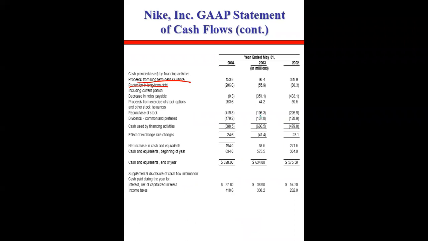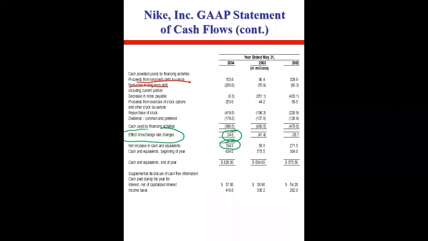You probably can recall the changes in foreign exchange, okay? Effect of exchange rate changes. So out of the total 194 million, 24.6 is coming from effect of exchange rate changes. So we need to separate the effect of the changes in exchange rate.